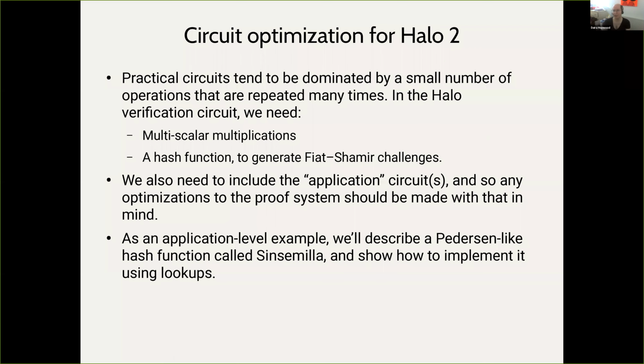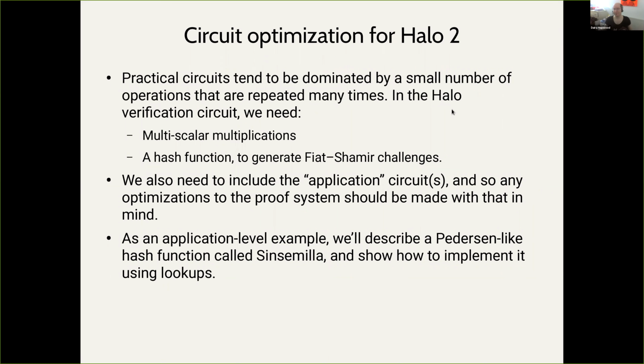So in practice, our circuits have a small number of operations that are repeated lots of times. So our circuits tend to be quite regular, at least for the protocols that the proofs are being used for so far. So we have multi-scalar multiplications and hash functions. These are the main operations that we need in our recursive verification circuit.